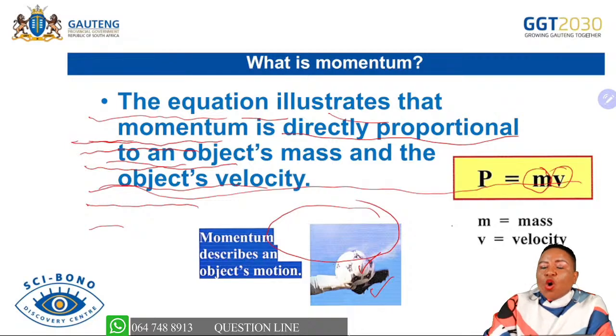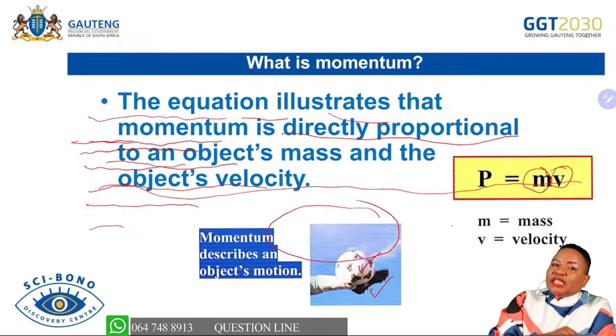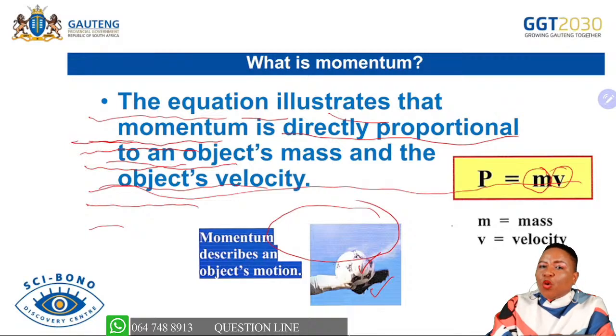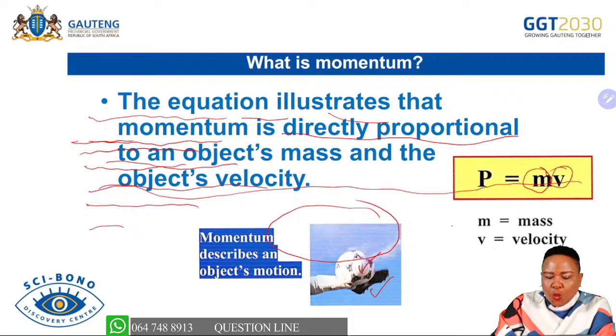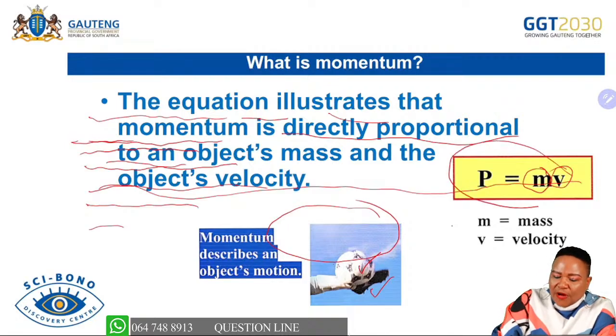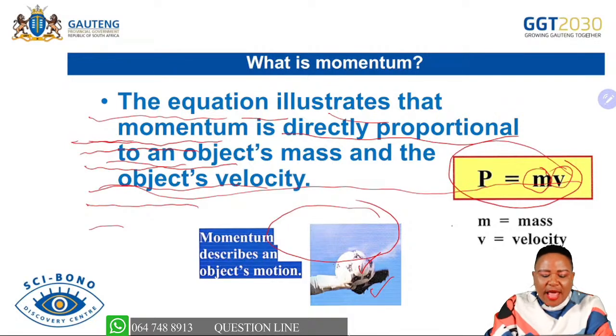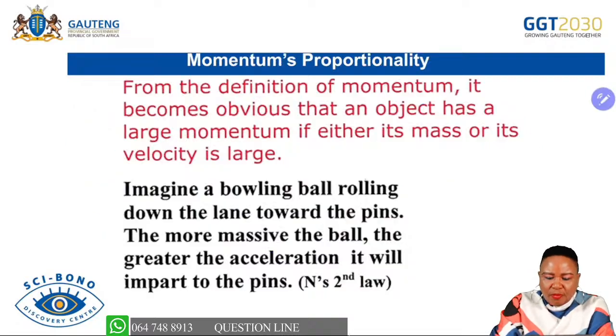So when you increase the mass, you are also increasing the momentum of an object. When you decrease the mass, you are also decreasing the momentum, also with relation to velocity, because both the mass and the velocity are directly proportional to the momentum, which is the formula that we are provided. P is equal to mv.